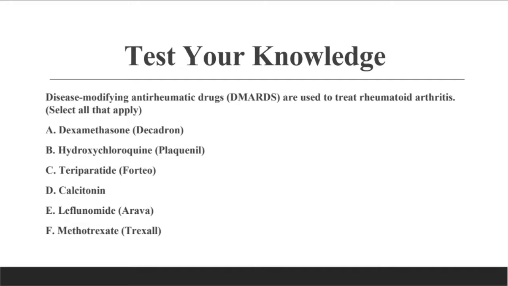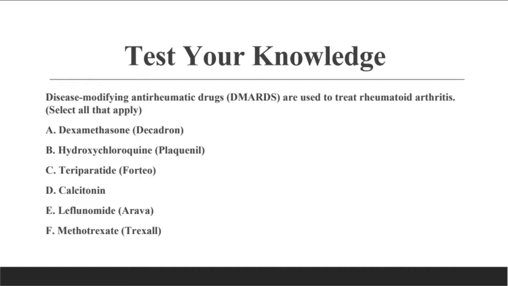B for sure, for sure. F for sure. One more, which is E, leflunomide. Okay, leflunomide. Leflunomide is one of those drugs that we need to counsel our patients about if they are of childbearing age. Leflunomide can cause severe birth defects if a woman should become pregnant while she's taking this medication. So that's why leflunomide is super important.